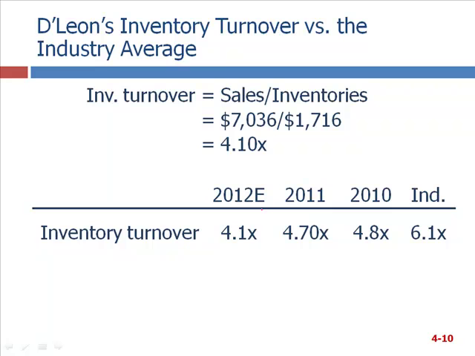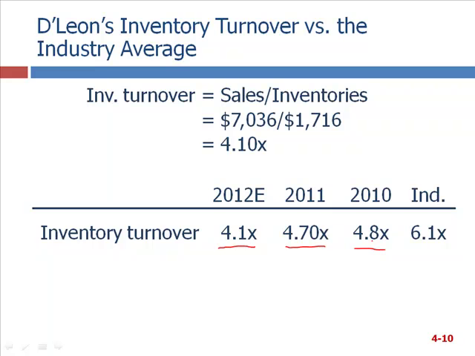Now, how is DeLeon doing in this area? Is it managing its inventory well? Well, I would say no. DeLeon was not doing well a couple of years ago. 4.8, that's below the industry average of 6.1, and then it got worse the next year, and now it's looking even worse.